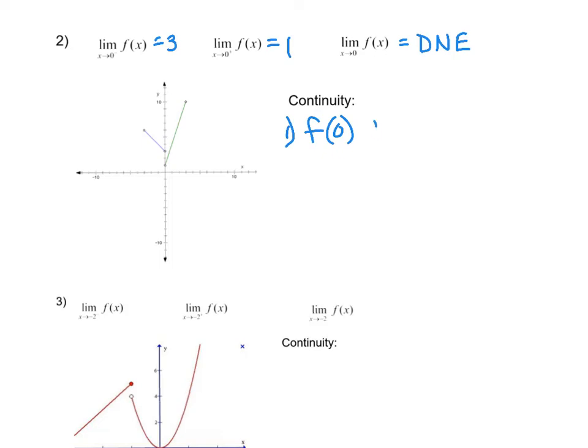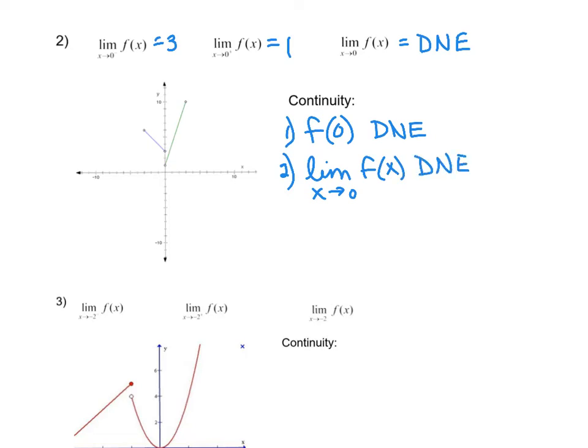So that means that the function value at 0 doesn't exist. As soon as one of these things does not exist, I know that the function can't be continuous. I'm going to write down the other thing that does not exist as well here, though. The limit as x approaches 0 of the function, we know that does not exist.